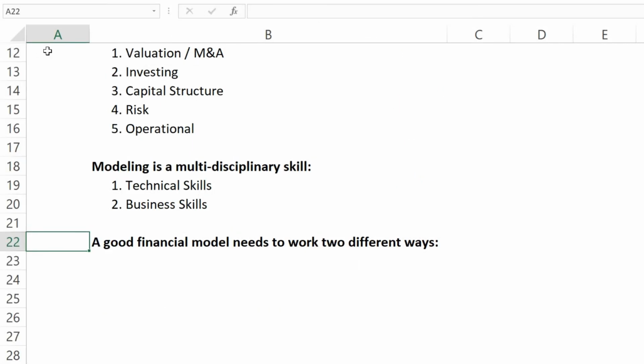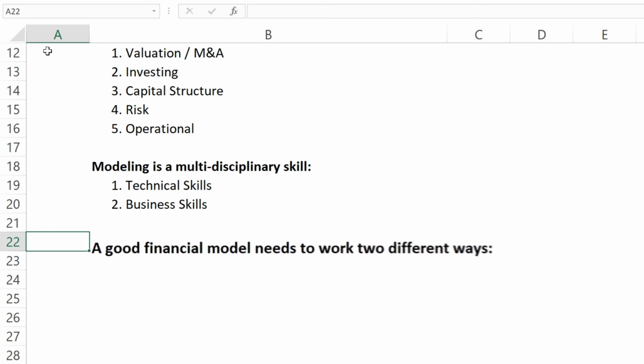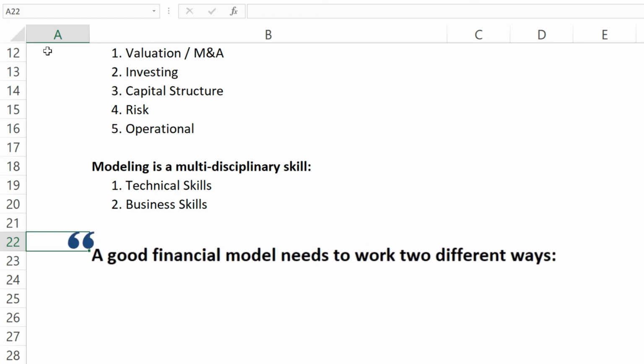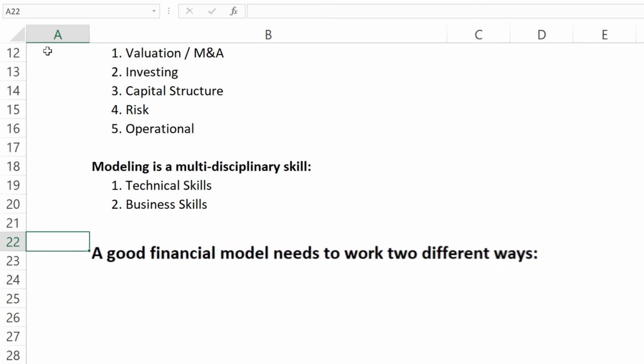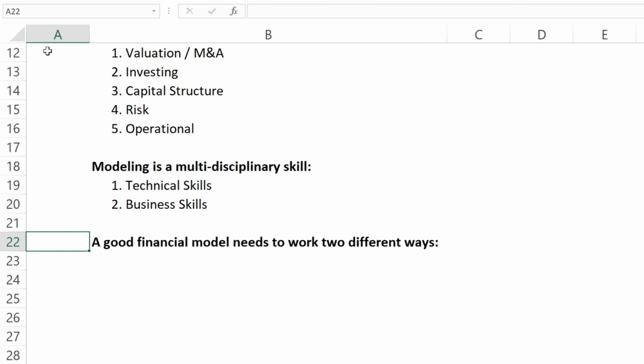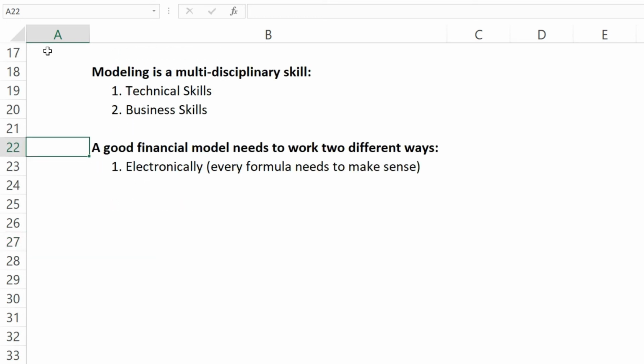And what we always tell people is that a good financial model needs to work in two different ways. When you go back and take a look at some of your own models, here's how you can evaluate whether your own models are well built and whether they are strong. Number one, a good model needs to work electronically. What we mean by that is that every formula needs to be obvious and make sense.